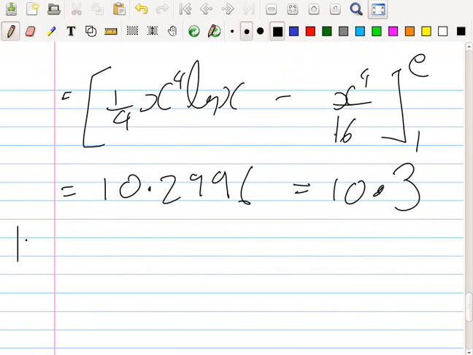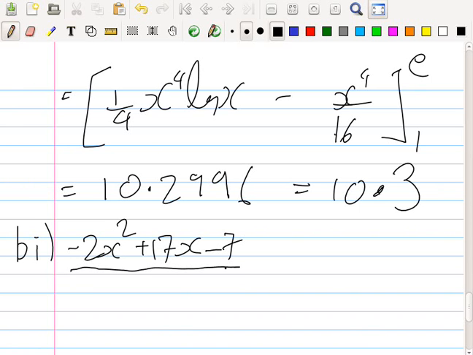So B1, he wants you to write this here: minus 2x squared plus 17x minus 7 over x minus 3 times x squared plus 4.